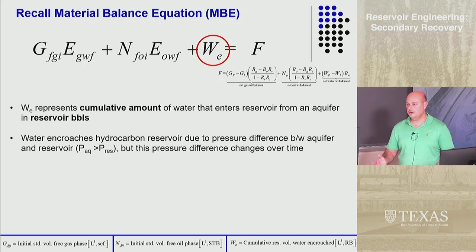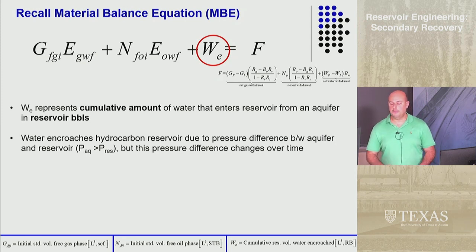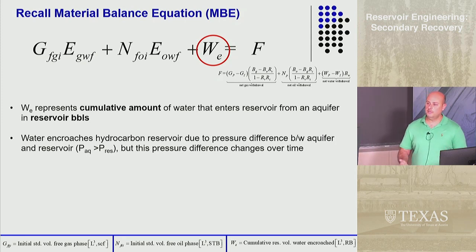Okay, now you can get into things like capillary pressure, which complicates that a little bit, but at least at a large scale, it's that pressure difference that drives flow. So when the reservoir pressure drops, and the aquifer pressure is greater than the reservoir pressure, then flow goes from the aquifer into the reservoir. And then when that happens, flow of oil goes from the reservoir into the wellbore.